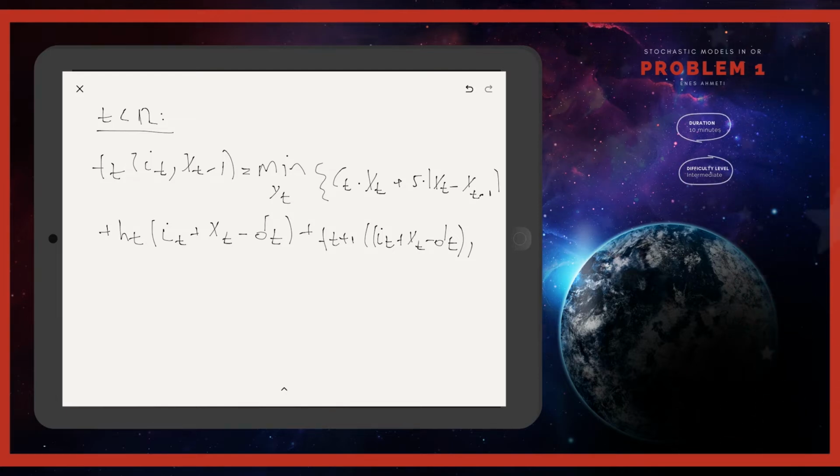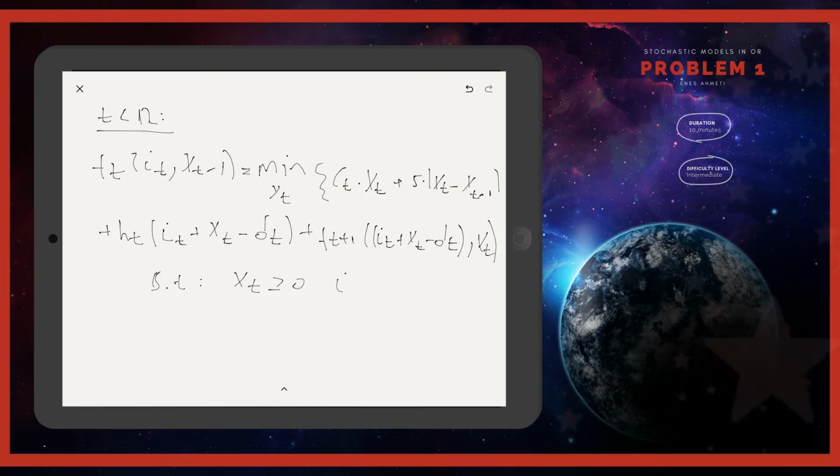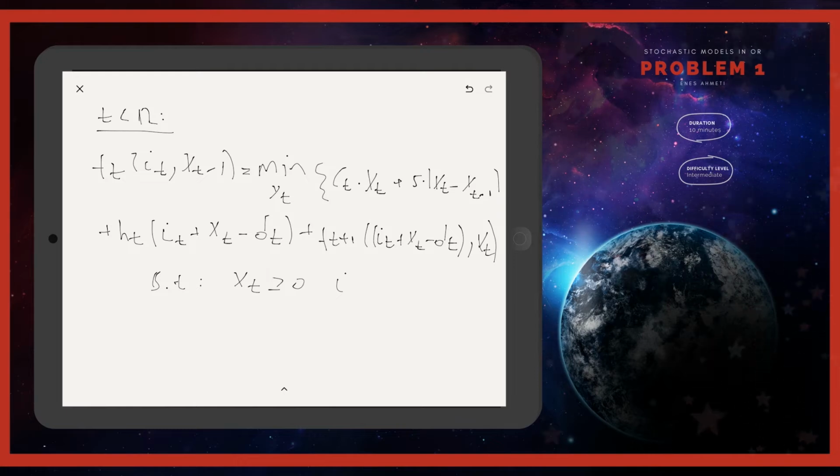I need to know the previous month's level. So basically, I need to know XT's production level. As we said earlier also, my constraints are that I cannot produce negative units, and also I need to know that my production level and my inventory level should be at least equal to the demand.